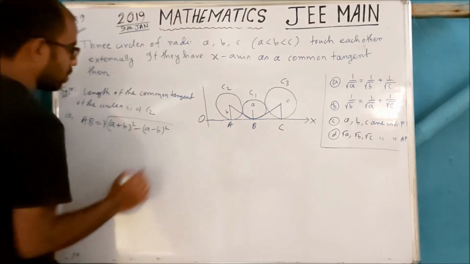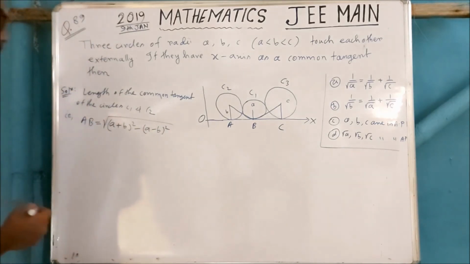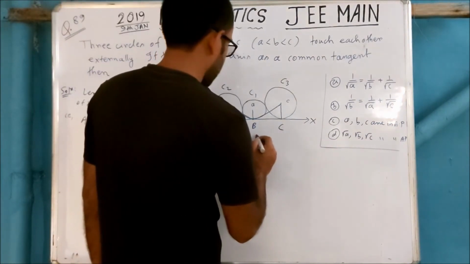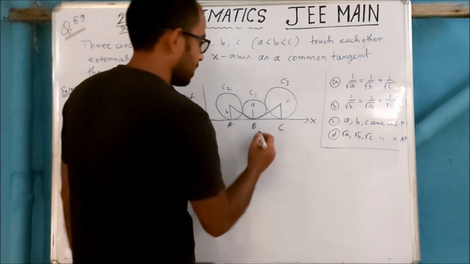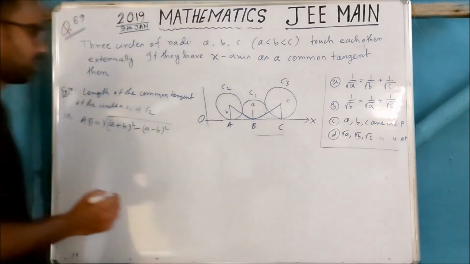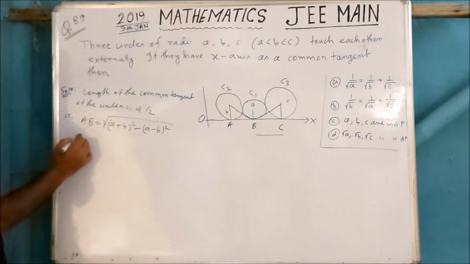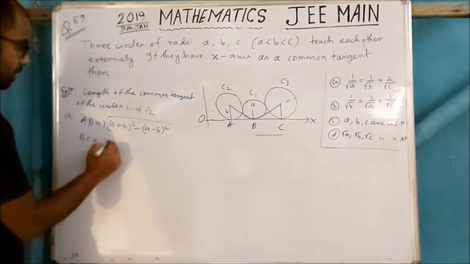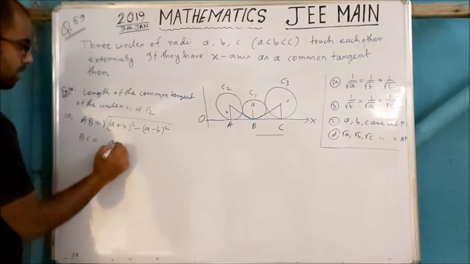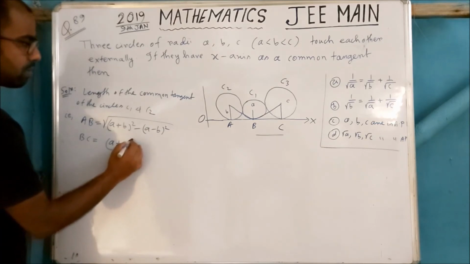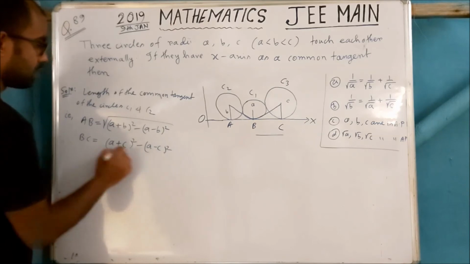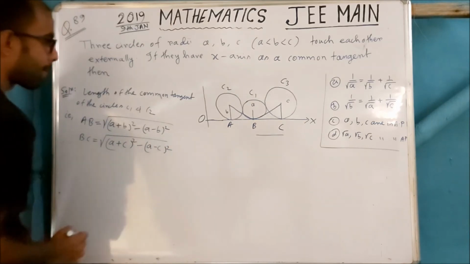Similarly, we find the length of the common tangent of the circles C1 and C3, equal to BC, so BC equals root of (A plus C) square minus (A minus C) square.